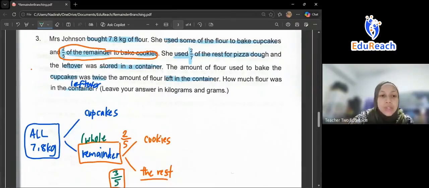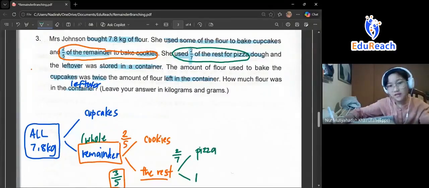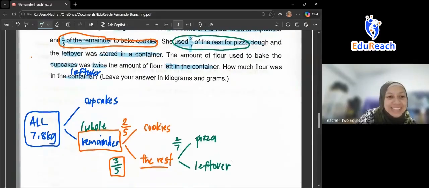Then the story is she used 2/7 of the rest. So this is the rest, I branch out again. So 2 out of 7 she used to make pizza. And then 5 out of 7 of the rest is left over. Correct. 5 out of 7.